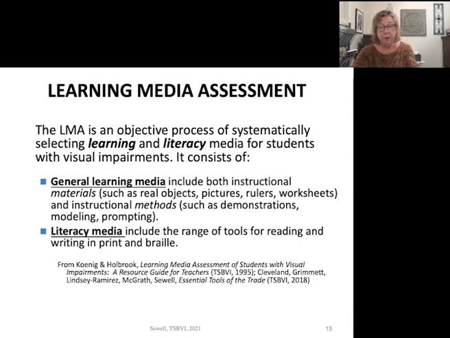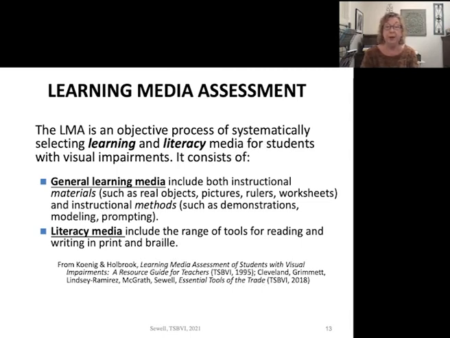A little bit about learning media assessments. The LMA is a process of systematically selecting learning and literacy media for our students that have visual impairments. That consists of the general learning media, which is both instructional materials, and as listed on here, it could be real objects, pictures, rulers, worksheets, and instructional methods.